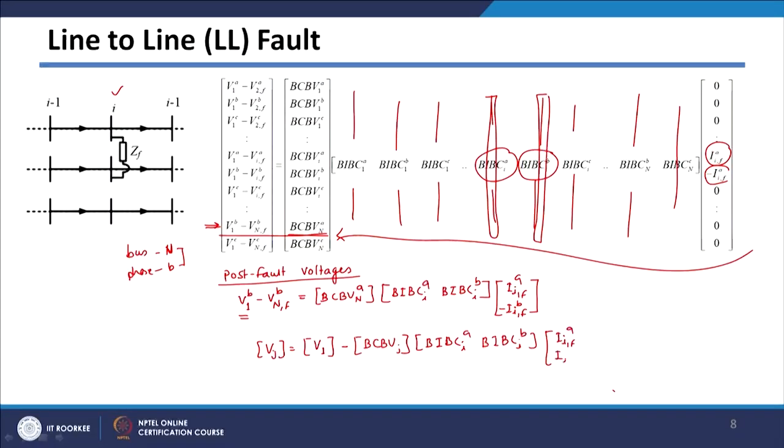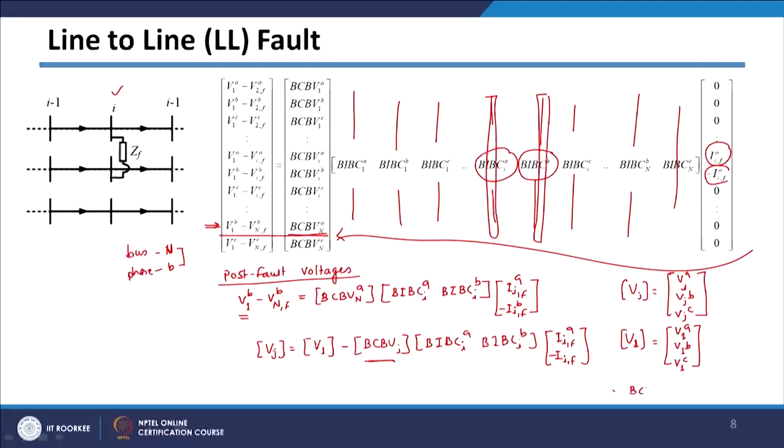Only difference here, I am considering all the three voltages here, means your VJ matrix will be having all the three voltages, VJ of A phase, VJ of B phase and VJ of C phase. Similarly, this V1 matrix also will be having all the three voltages, that is V1A, V1B and V1C, and this BCBVJ will be also having three terms.